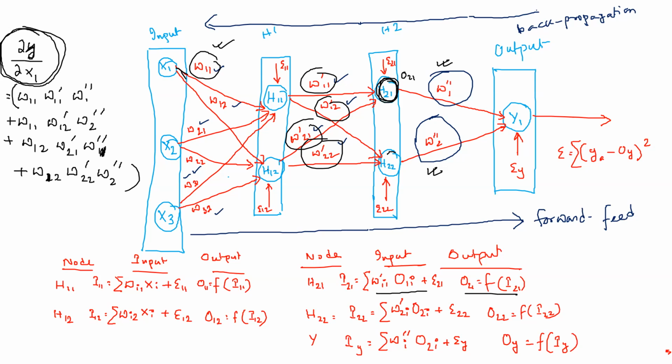So 1 minus 2 is minus 1 and 3 minus 2 is plus 1. If you just blindly add them, the total error will be 0. We are squaring it because we want to make sure that the error is positive. Whether it's a negative error or positive error, we convert it to positive.